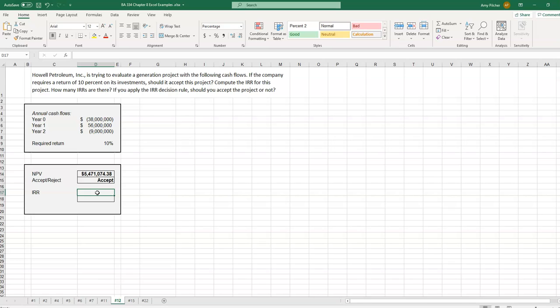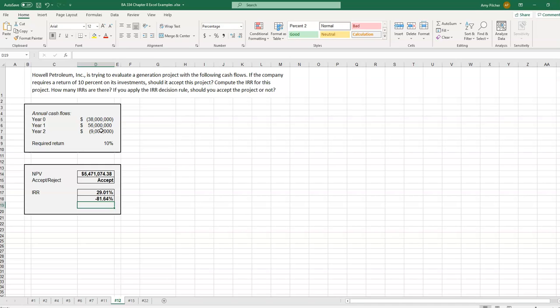The internal rate of return then, in this case, we're going to ask Excel to make a guess for us so that we can calculate the two different internal rates of return. And so you can see that we have two internal rates of return.